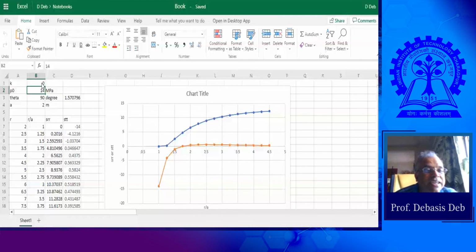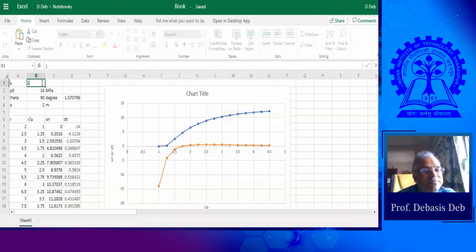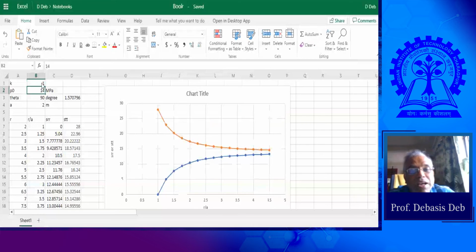I make K equal to 1. And see, the problem is here. This is a problem from the book, 7.1, and what it says is there is a horizontal tunnel, and in that horizontal tunnel P naught is applied as 14 MPa, and the values are given such that K becomes 1.